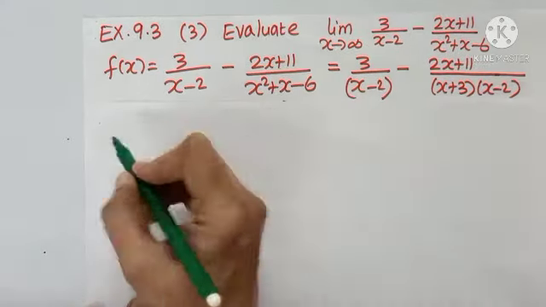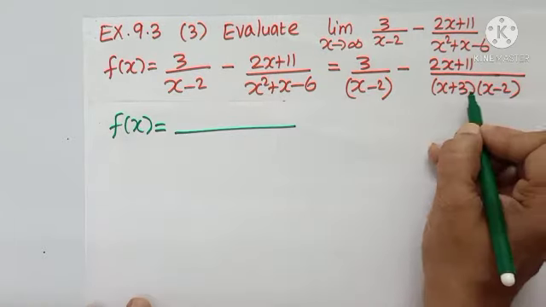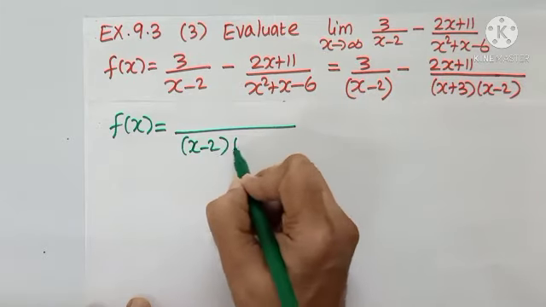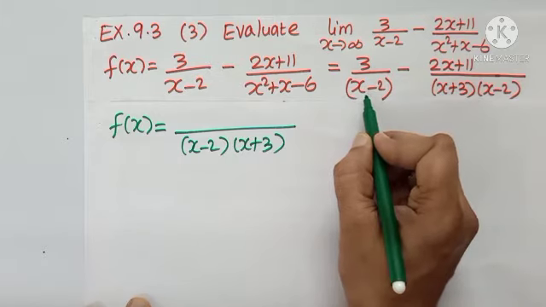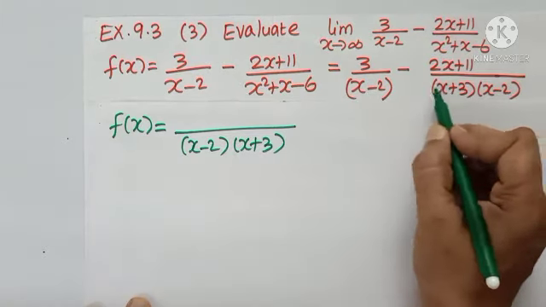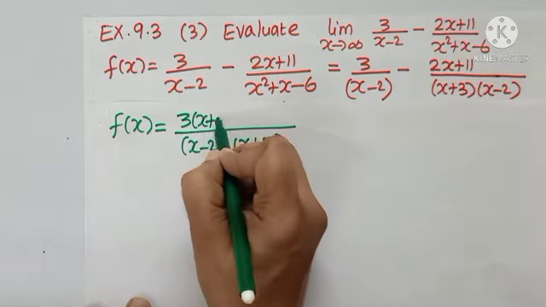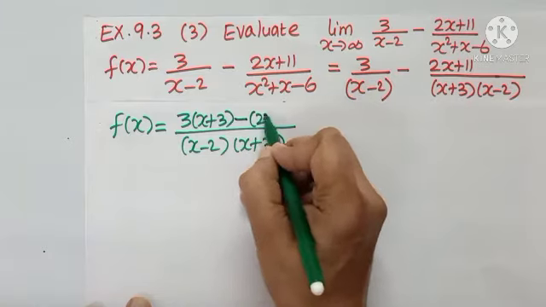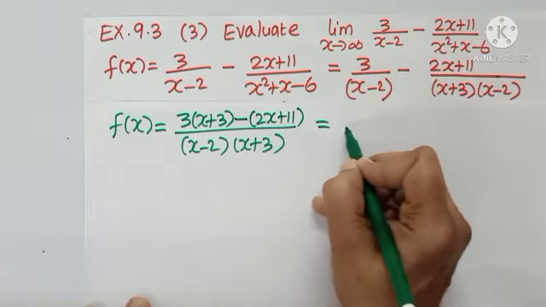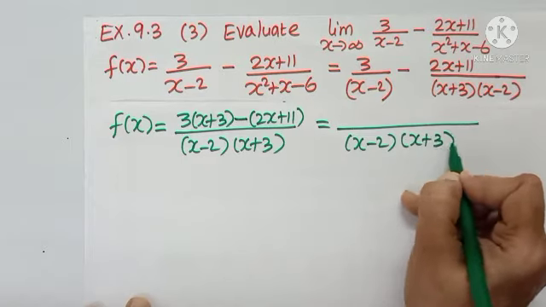As we take LCM, f of x has denominator x minus 2 into x plus 3. Here x minus 2 is present. What is missing is x plus 3, so cross multiply: 3 into x plus 3 minus the quantity 2x plus 11. As I simplify, the denominator is x minus 2 into x plus 3.